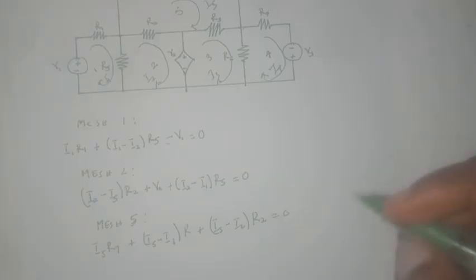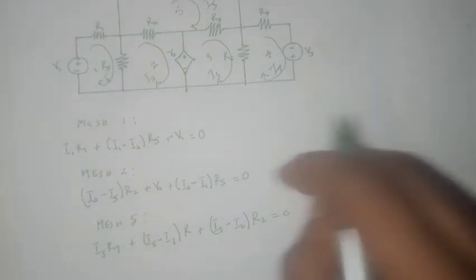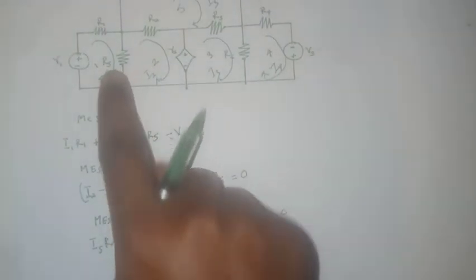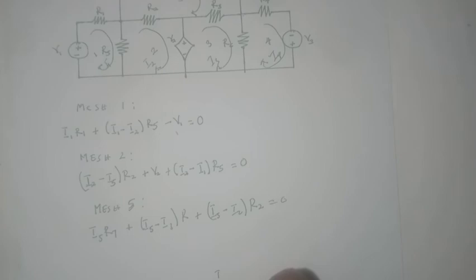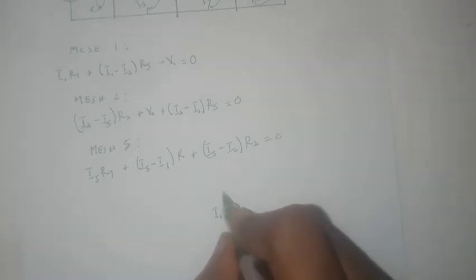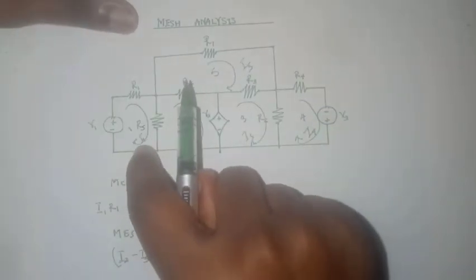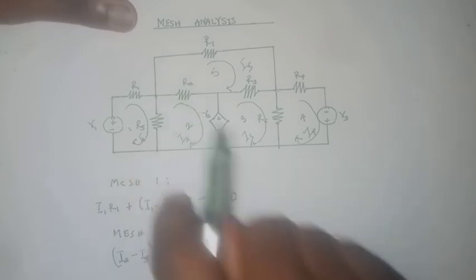Take for example, after we calculated the values of the currents I1 to I5, the current flowing through R5 would then be I1 minus I2.